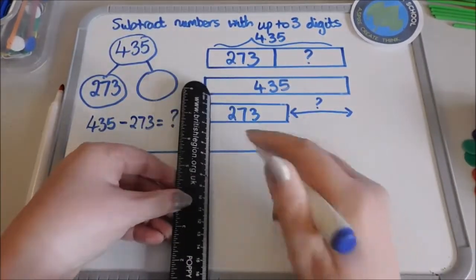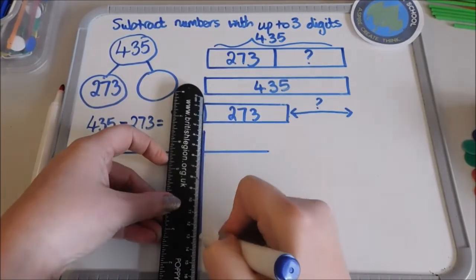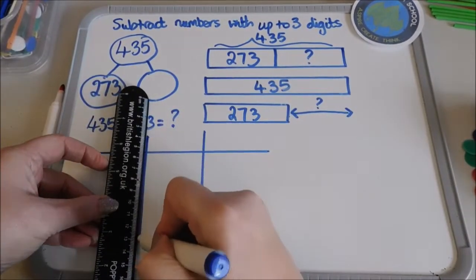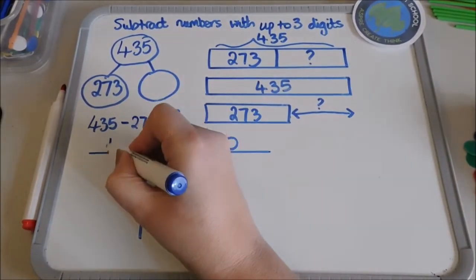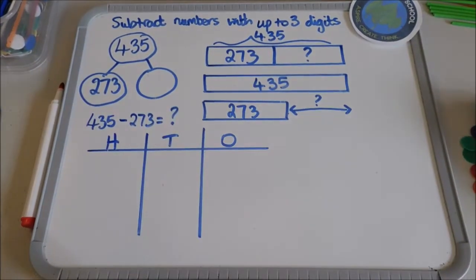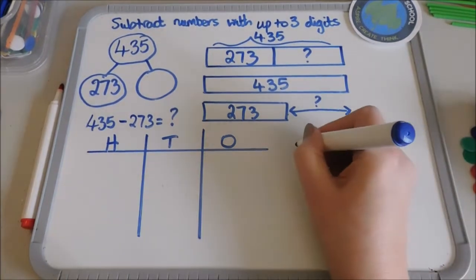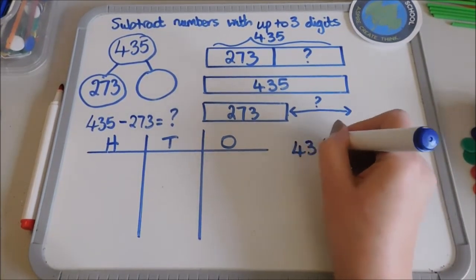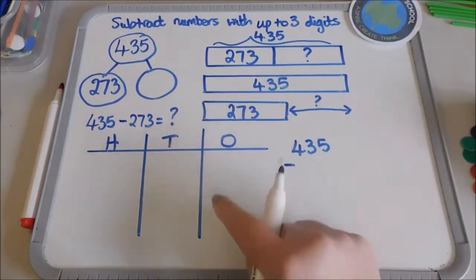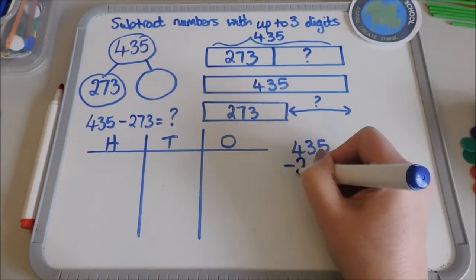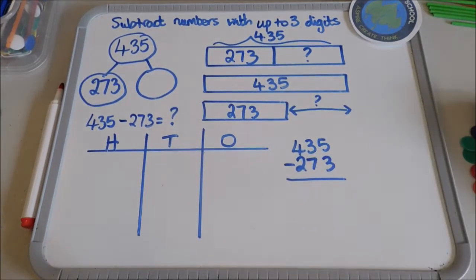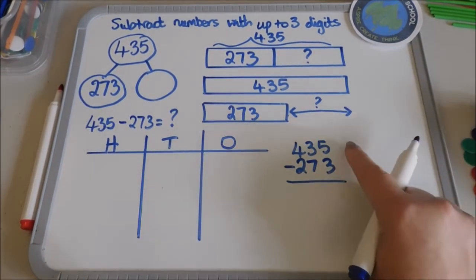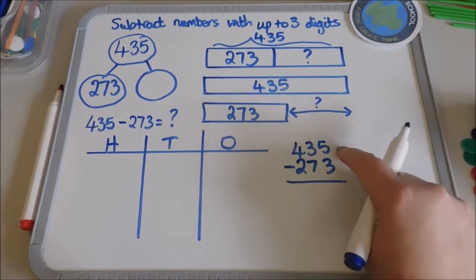So I would draw my ones, my tens, and my hundreds. It is useful for the children to see the calculation alongside the place value grid, so they can see how it works together, but equally so that they can remember the numbers as well.